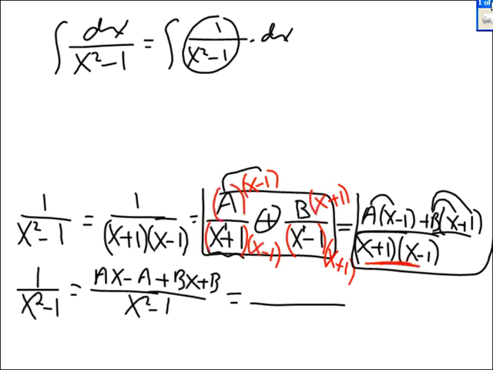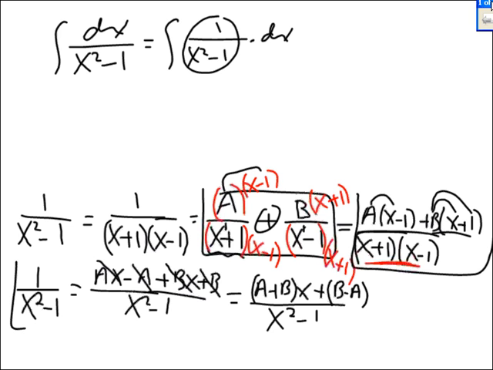And then in the numerator, I want to collect like terms. Like here we have ax's, and I'm adding b more x's. So I'm going to have a plus b x's. And the constant is plus b minus a. I hate starting off with a negative term. So the constant is plus b minus a.